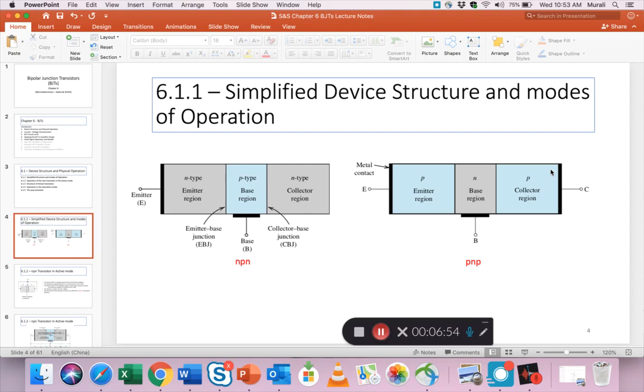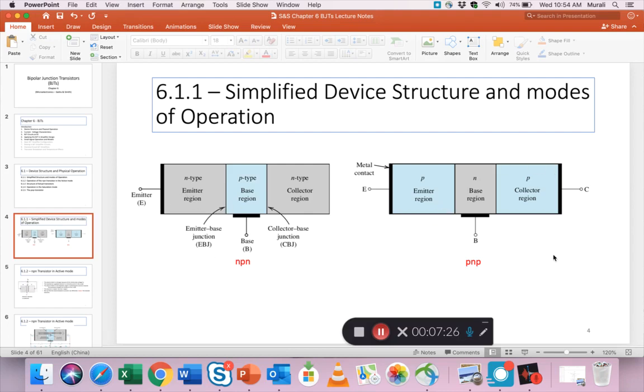I hope you remember what we studied in the last 2 chapters, chapters 3 and 4, semiconductors and diodes. And remember, we spent a lot of time on the PN junction. What you'll notice from these 2 drawings, on the left we have 2 junctions, 2 PN junctions. There's an NP junction and then there's a PN junction.